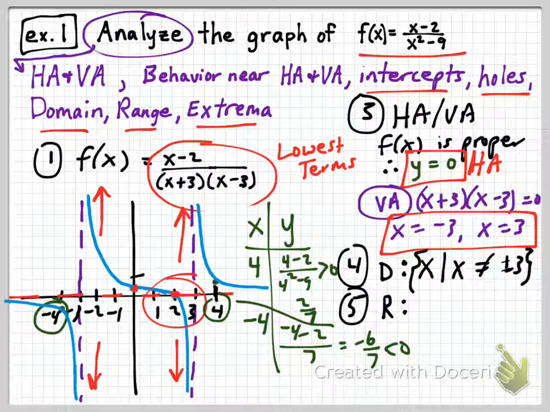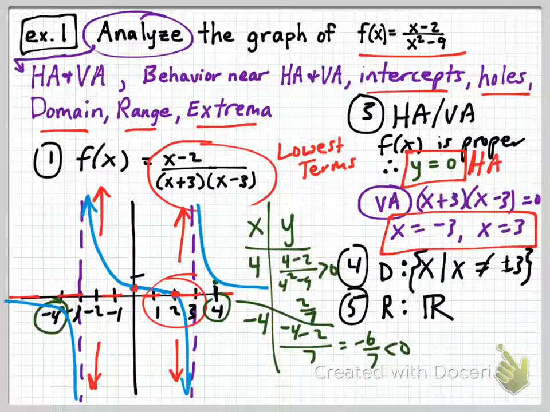I know it doesn't look like the range is going to be all real numbers, but all you have to do is remember that when we're discussing the range, we're answering the question, what y values are used to graph the function? And you can clearly see, hopefully, that every single y value is being used to graph this function.